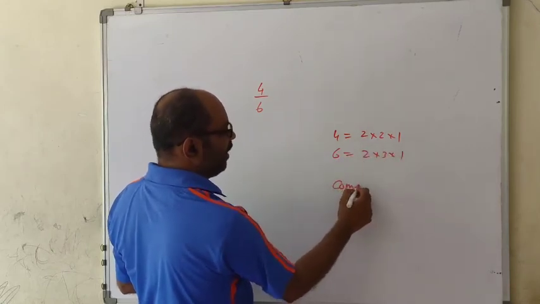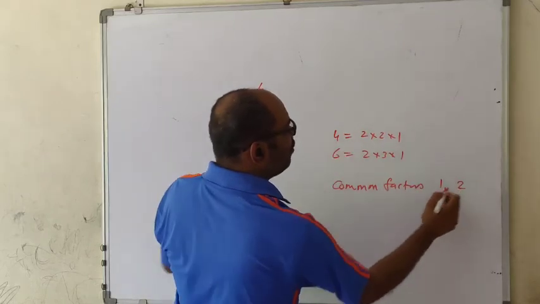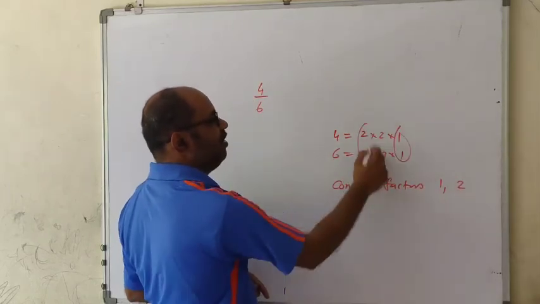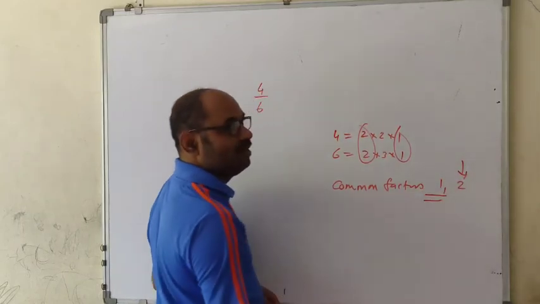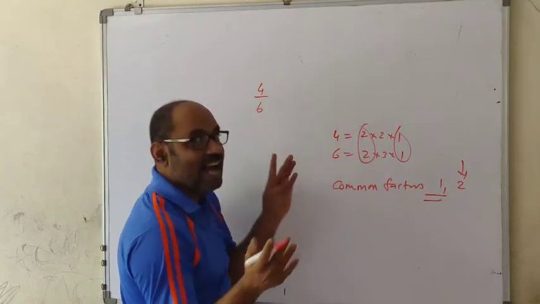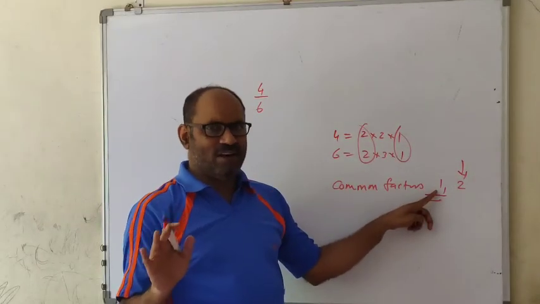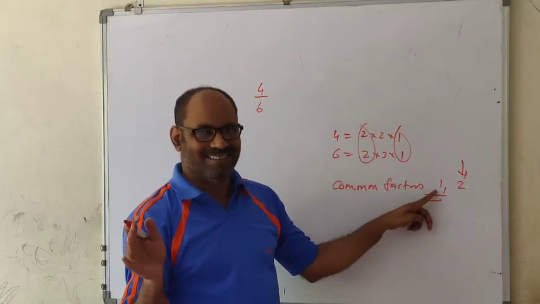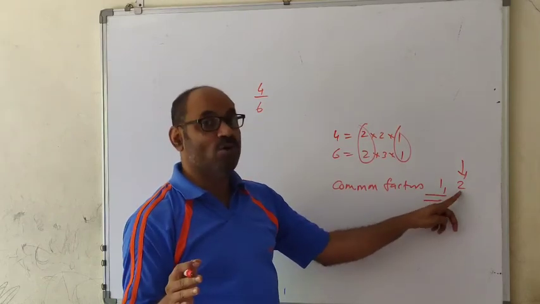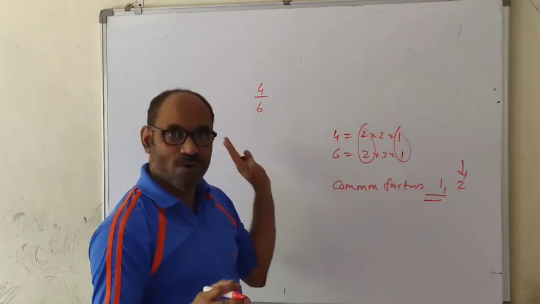So which are the common factors? Common factors are 1 and 2. So besides 1, 2 is also common. So you cannot say 4 and 6 are co-primes. 1 is a common factor of any two numbers or any three numbers or any infinite numbers. But if you have a common factor other than 1, then it is not co-prime.